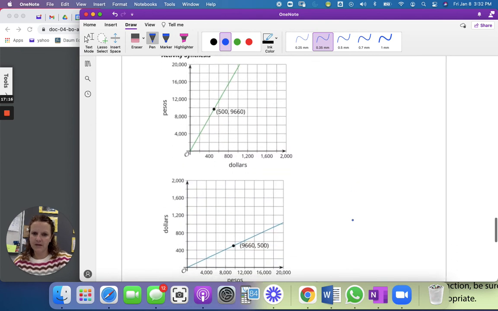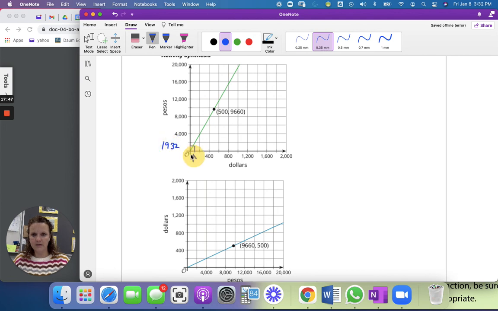Now, these two here. When we had an input of $100, we had an output of, what was it? That's not 100, so sorry. That was 200. If we have an input of 100, our output should be about 1,932 pesos.